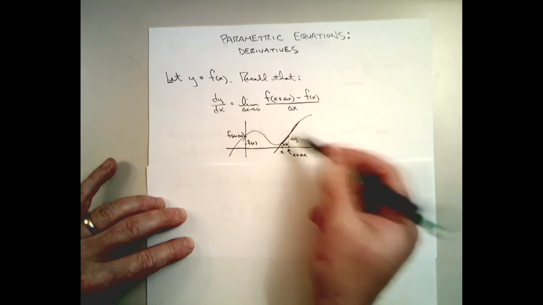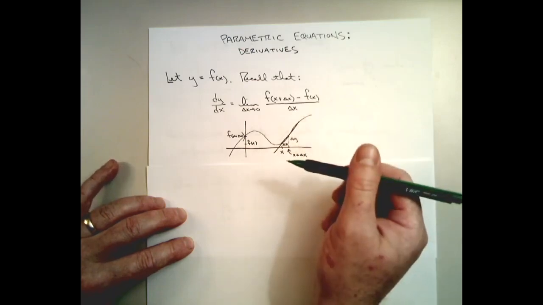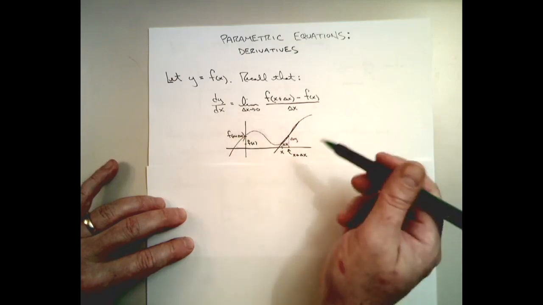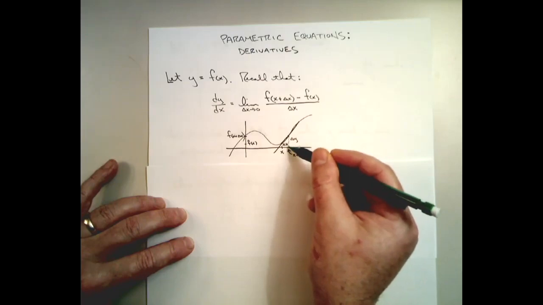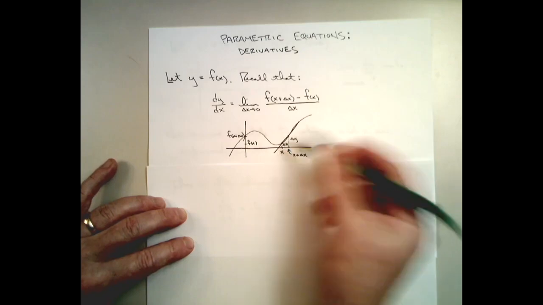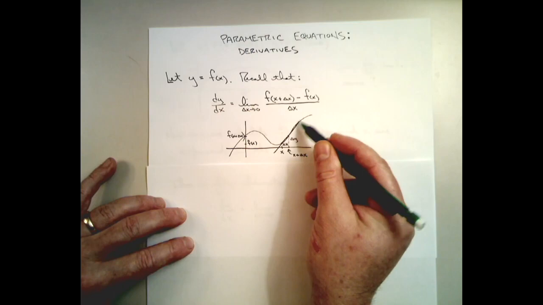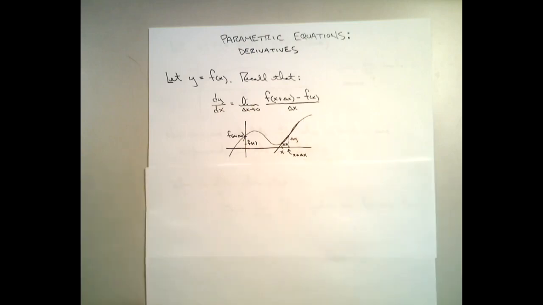This gives us the slope of this secant line, and the derivative is defined by letting delta x get tiny, bringing our x plus delta x toward x, and looking at what the slopes of the resulting secant lines are getting closer and closer to in the limit.